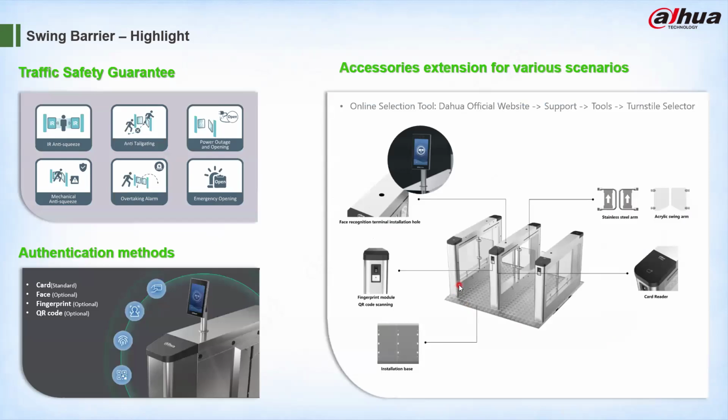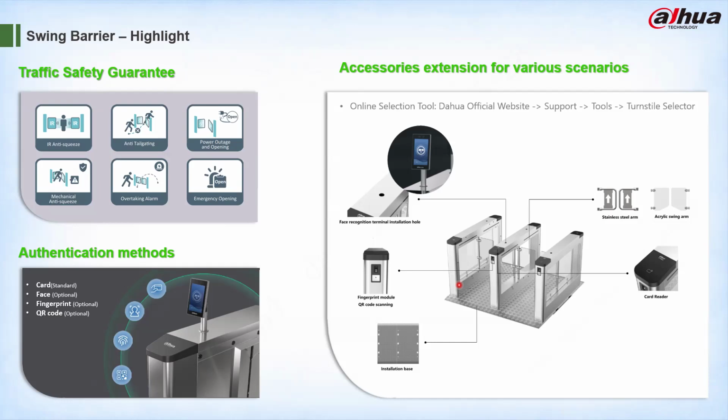The swing barriers are effective for traffic safety. For example, you have some that have IR anti-squeeze, so you cannot pass two people at the same time. One has to pass, then the next person follows. Alongside this, for safety, it also checks anti-tailgating.